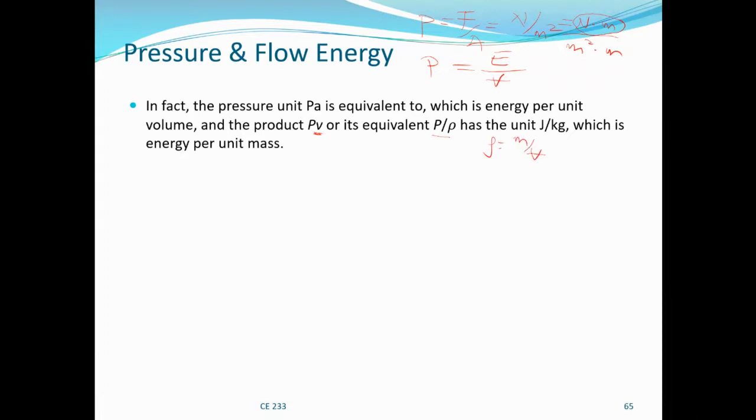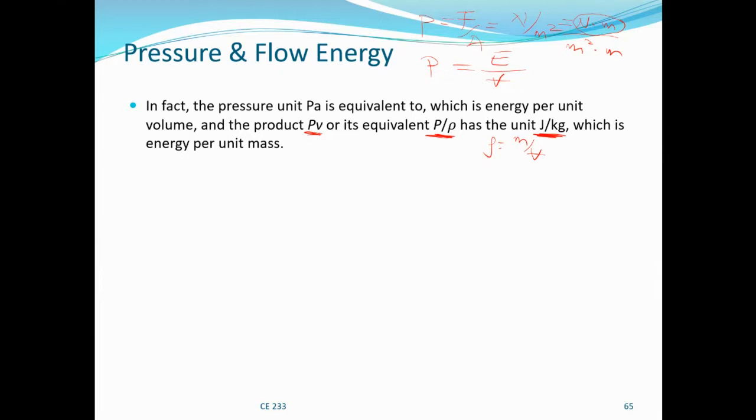So if we want to remove volume, it's going to be mass over density, because this is now per unit mass. So this product PV, or P over rho, is joules per kilogram, which is energy per unit mass.